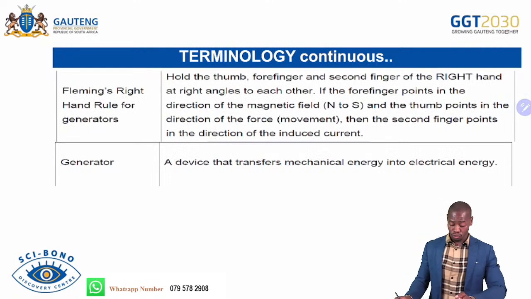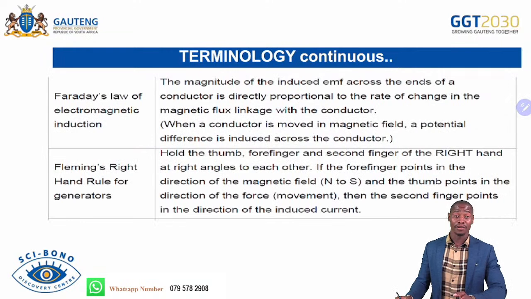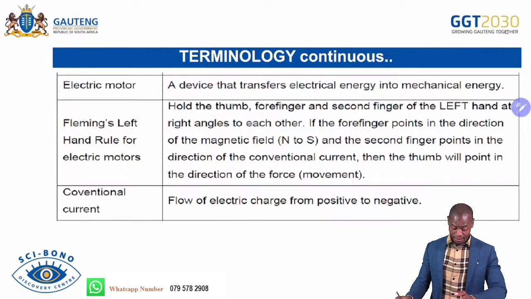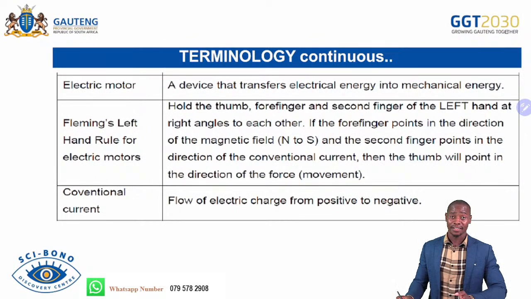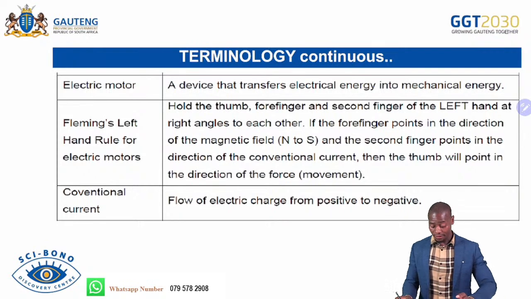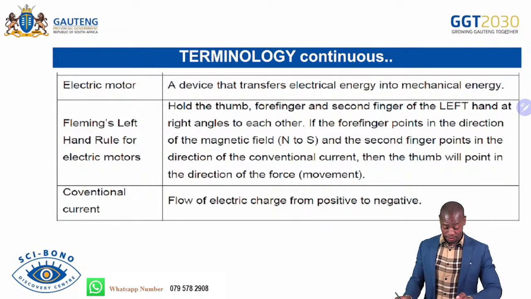Fleming's right-hand rule. Remember, we use Fleming's right-hand rule to find the direction of the induced current when it comes to generators. Then motors: an electric motor is a device that converts electrical energy to mechanical energy.